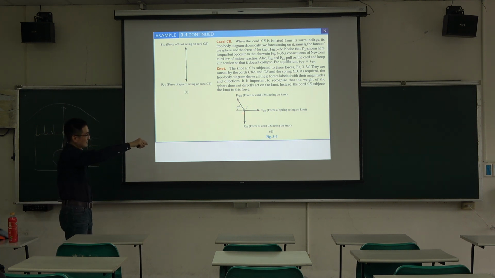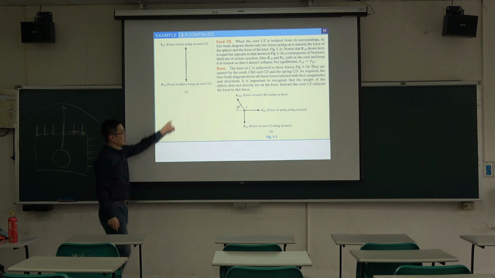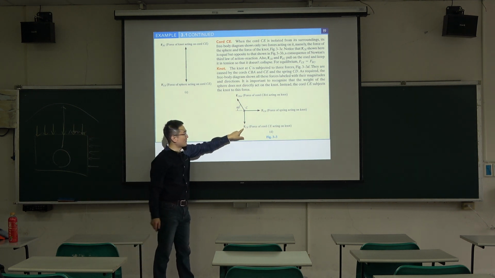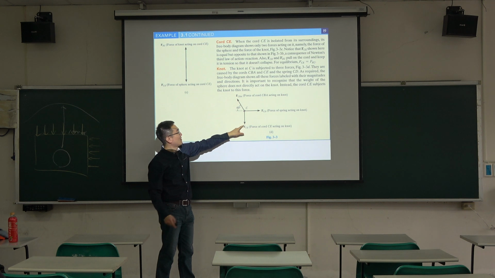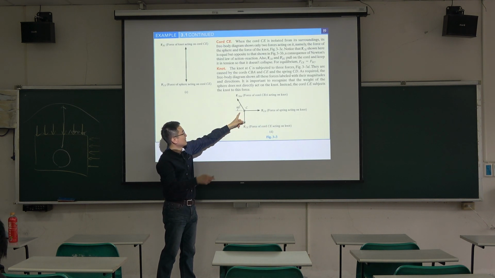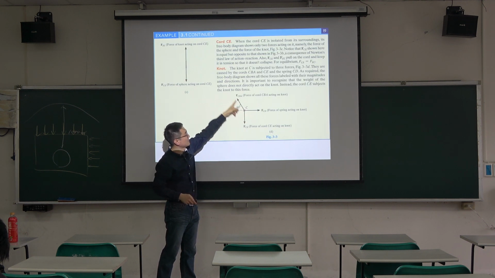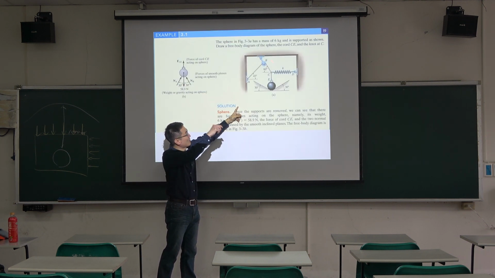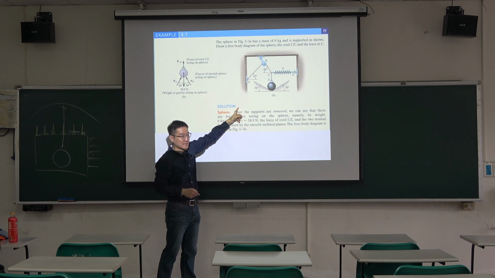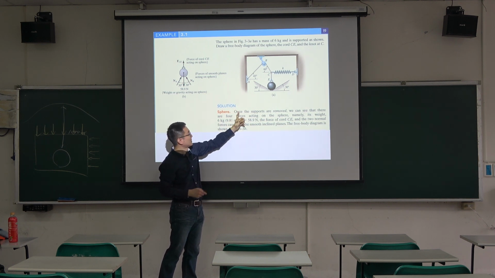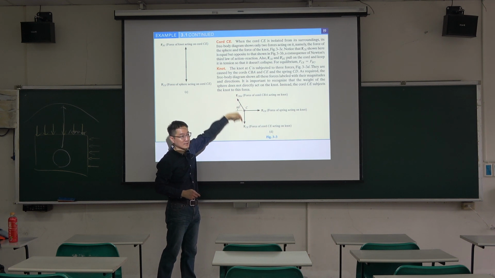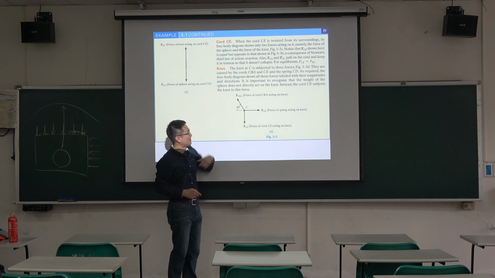For nut C, we have tensile force coming from CE. Then we have the other cord, I call it CB. This is also a cord, so also tensile force only. So this one is tensile force, this one is also tensile force, because both of them are cords. You can consider both of them as cables.